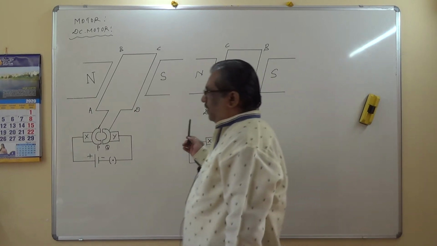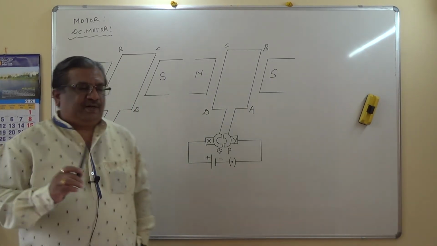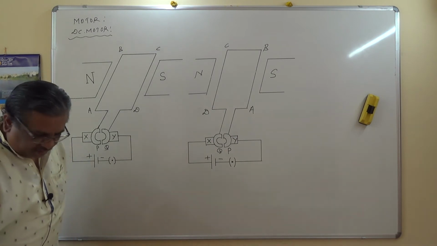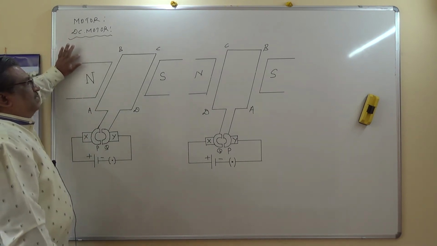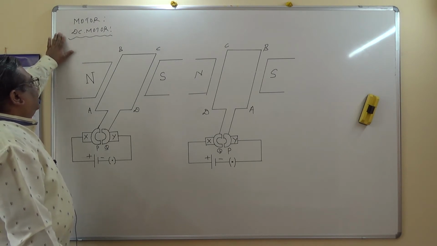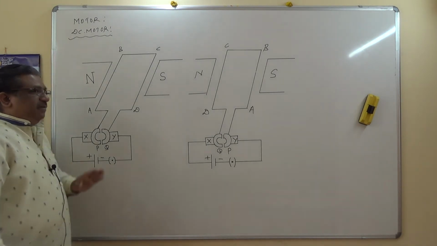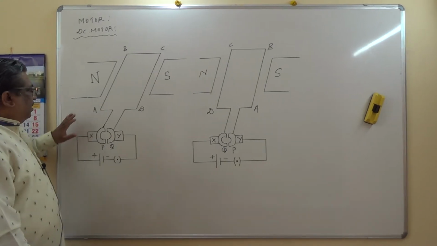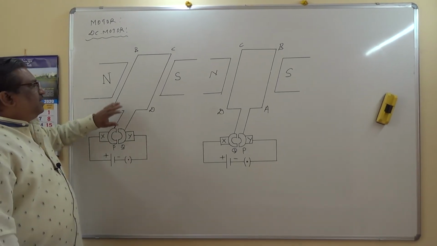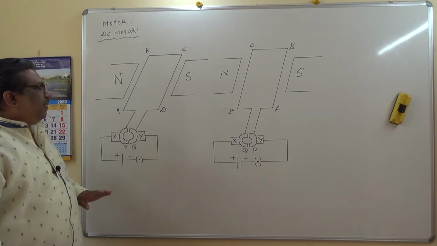These are the two diagrams which have been drawn here about the motor. A motor is a rotating device that converts electrical energy into mechanical energy, and a DC motor is the device in which the source energy is direct current. What are the components we'll study first in this motor?